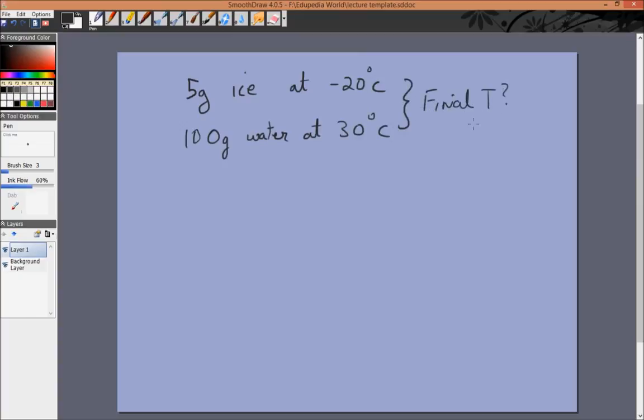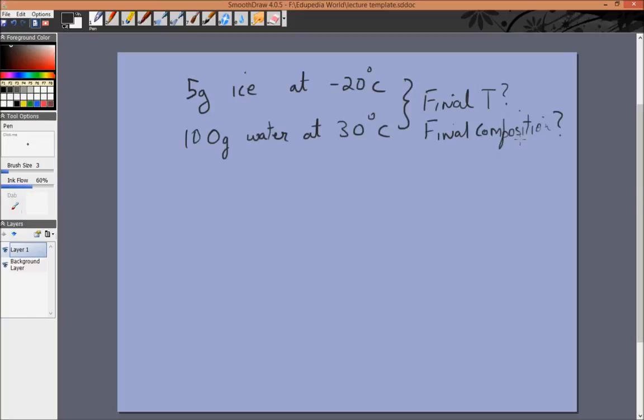What is the final temperature? And also a lot of times what will be asked is, what is the final composition? The final composition basically means, is it all ice, all water, or ice plus water?